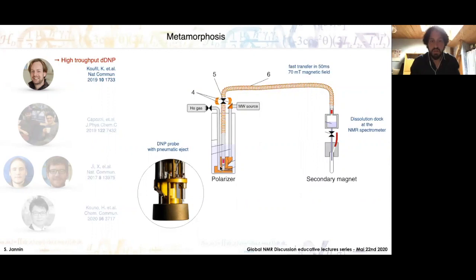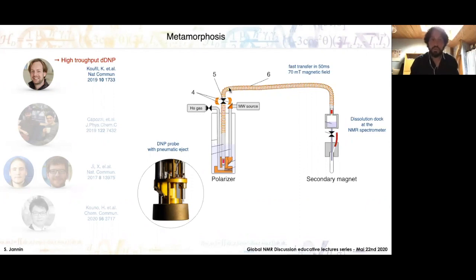They have a line here with very high pressure helium gas, I think about 10 bars or even more. This will push the sample out through a line to the NMR spectrometer. And they have a dissolution duct here. The bullet drops down in hot water, explodes and melts, and is then injected in the NMR tube.